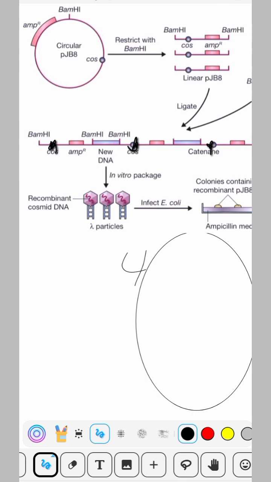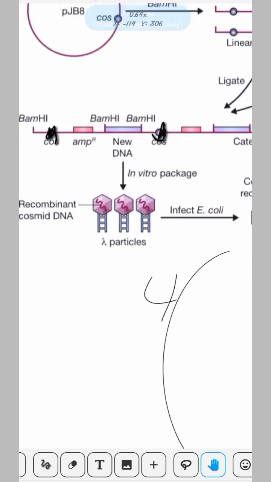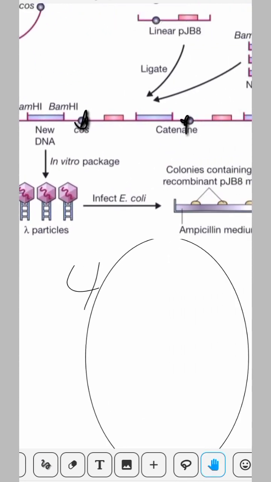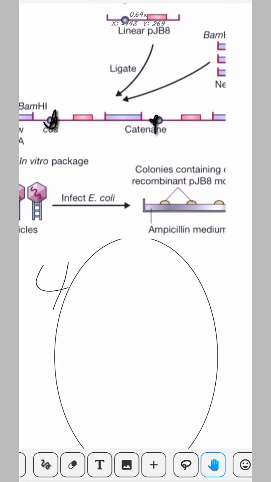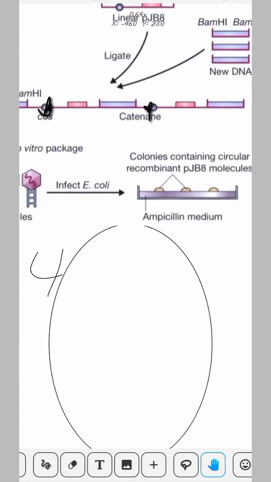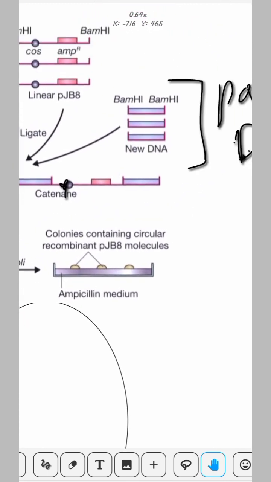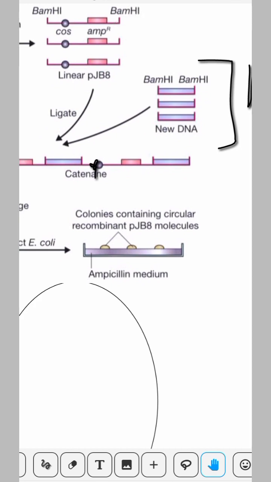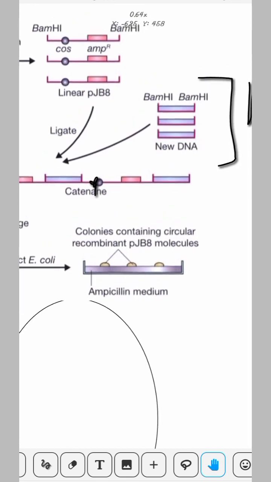When these mature phage particles are made to infect an E. coli culture, plaques are formed, as you can see here. The E. coli cells are infected, and colonies containing circular recombinant pJP8 molecules are formed on an ampicillin medium.